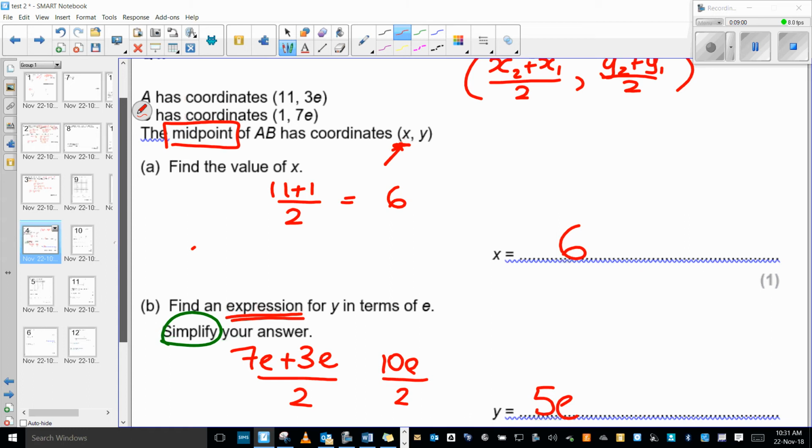So in some ways, just knowing that the process is going to be the same, but the fact that I've used the word expression, hopefully you kind of work that out. Do you know what I'm trying to say? Because remember, we're finding the mean between the two points. Okay, so if you started here and gone here, halfway is going to be like the average between those two. Okay, that was the formula that we learned.